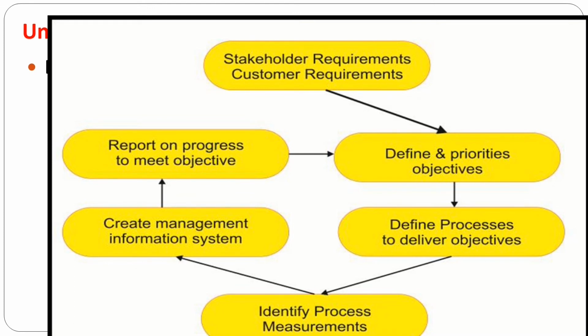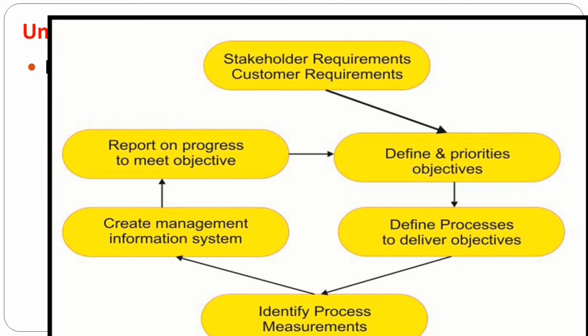Then report on progress to meet the objective. What it says is, I would have started development of my project. My project of course would not complete within a day or two, right? So I'll be running my project probably for 5 months. Then after every 15 days, generally I have to report my progress, whether I have completed my project 10%, 20%, maybe 25%, 30%.